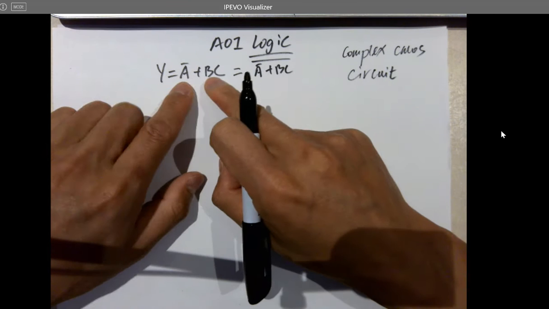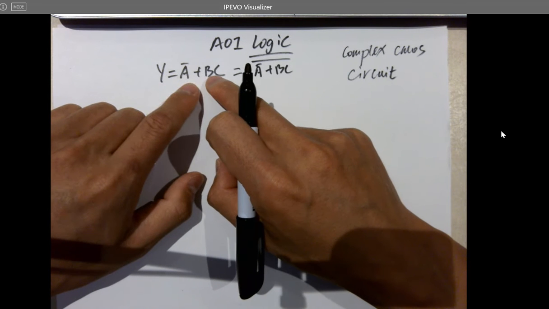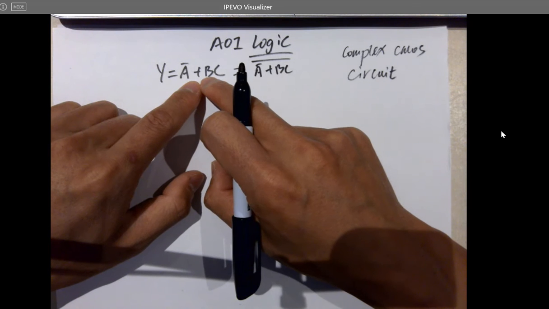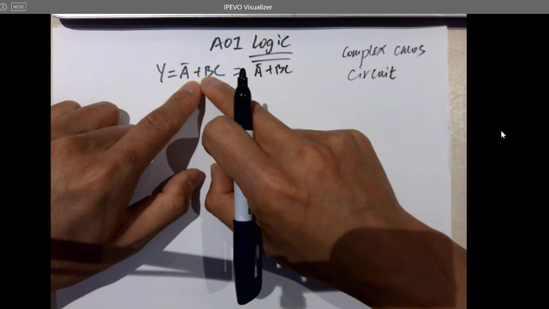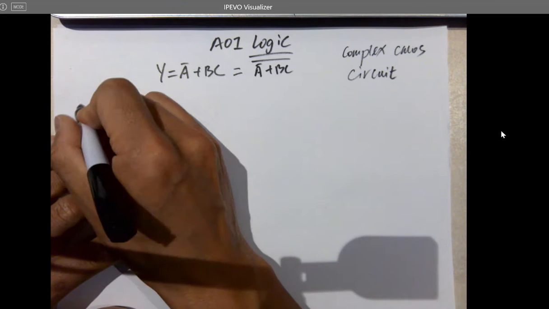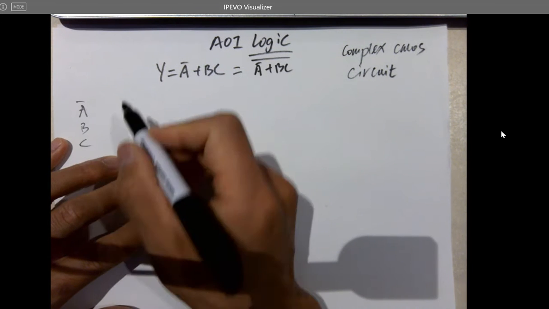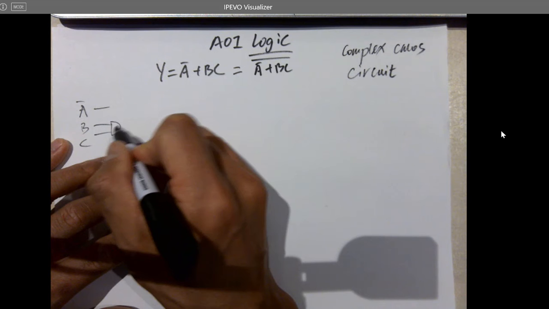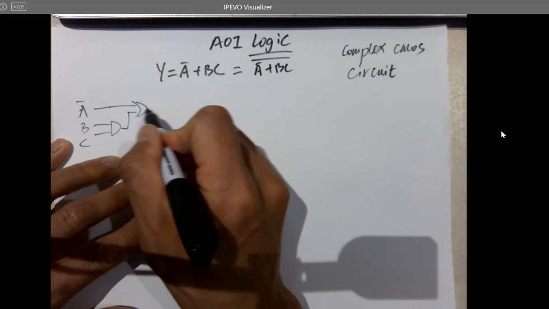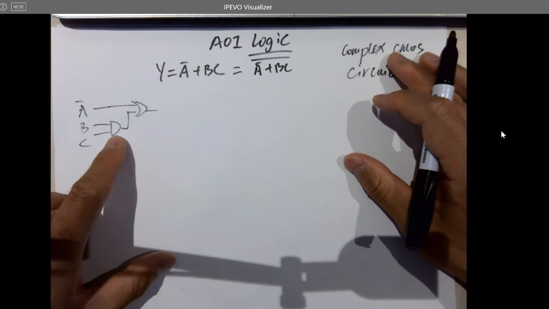If you just want to design a digital circuit out of this, it's very simple. We have done that in logic many times, right? So just have an A, B, C, for example, this is A not, and B, C are being ANDed and being ORed with A not, so we can get the result very easily.